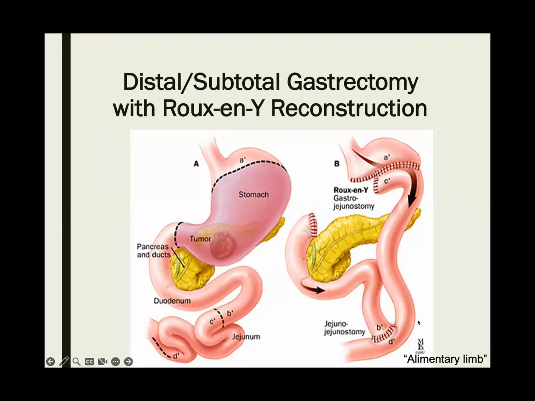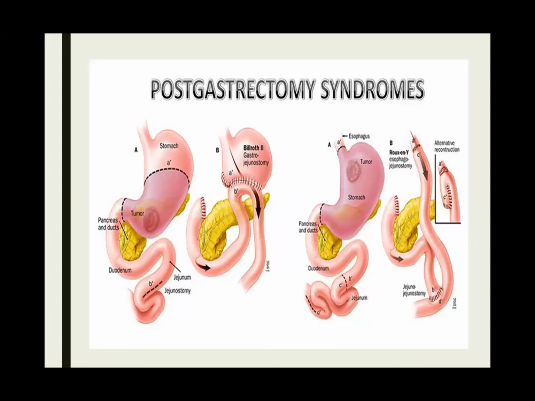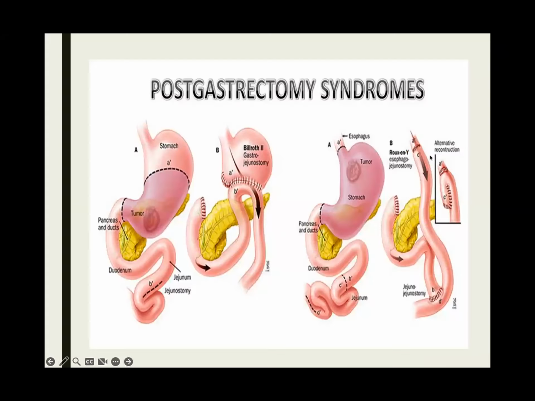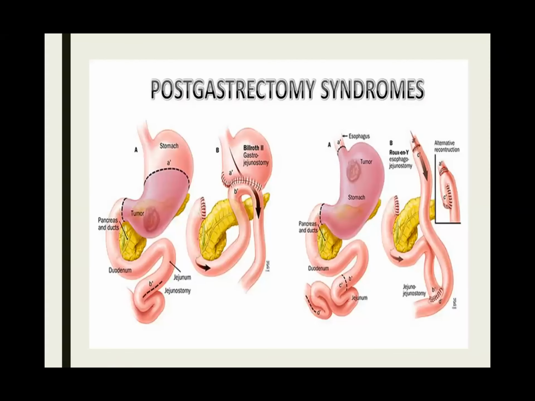And then they mix together, so they form the mixed limb, okay? So once we have these limbs, we also have complications with that. As you can see over here, it's most common after Billroth 2 reconstruction.